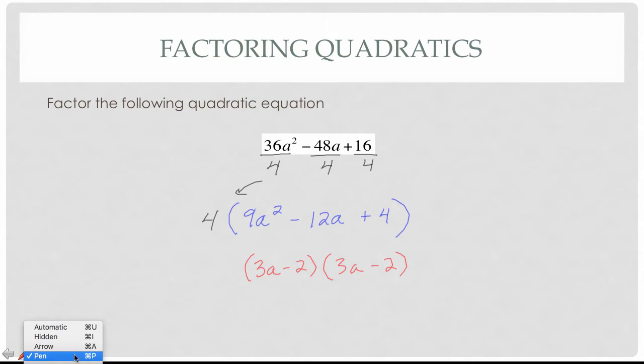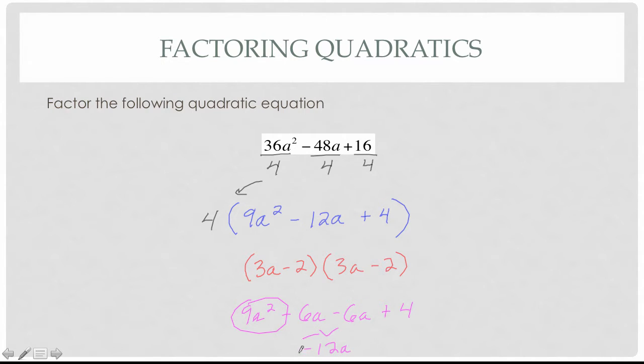Let's just double check though by multiplying it back out. 3a times 3a is 9a squared. 3a times negative 2 is minus 6a. Negative 2 times 3a is minus another 6a. And negative 2 times negative 2 gives me the plus 4. My middle two terms combine to make negative 12a.